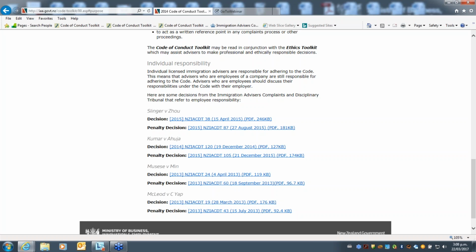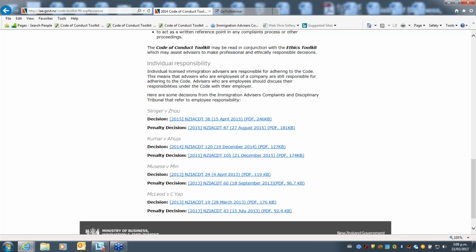So it's really important that as a licensed advisor who is an employee, you have the conversation with your employer, ideally when you commence that employment, but if you haven't, then it's really important that you do, and that you talk about the fact that you are a licensed advisor and that you have particular responsibilities under the Code of Conduct.